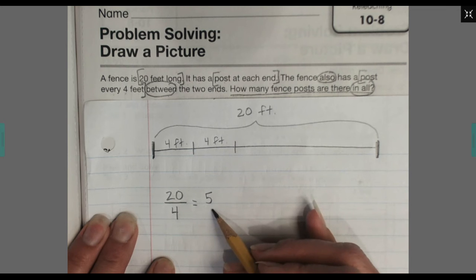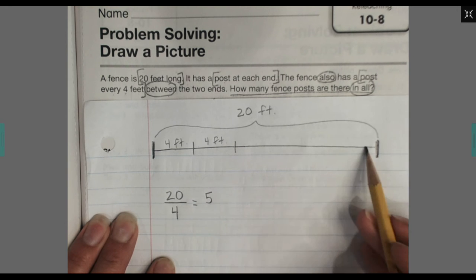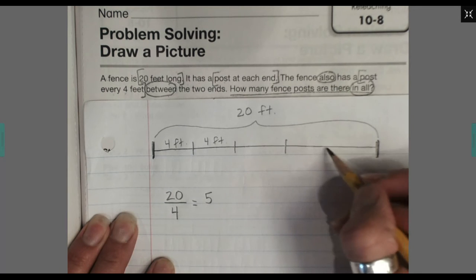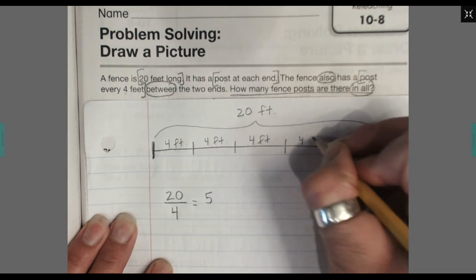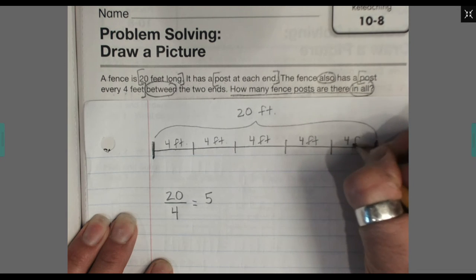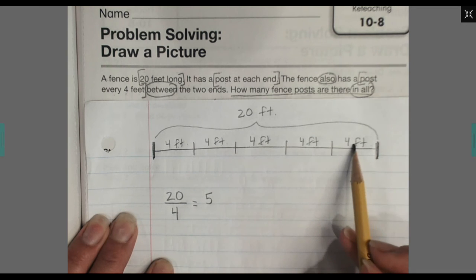So I know that I'll have 4 lines in between to give me my 5 equal parts. 1, 2, 3, 4. So each of these is 4 feet. Hopefully I did that right. 1, 2, 3, 4, 5. I have my 5 parts.